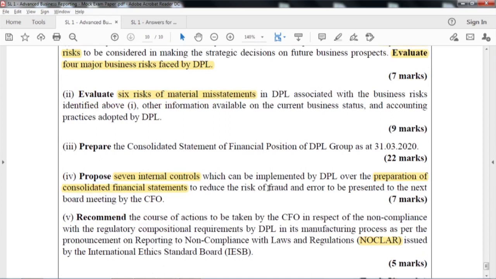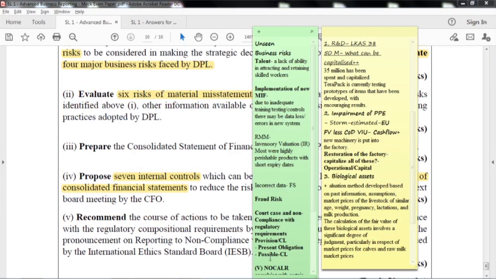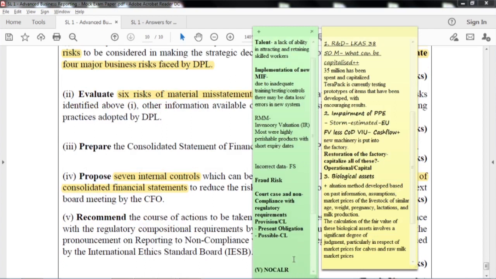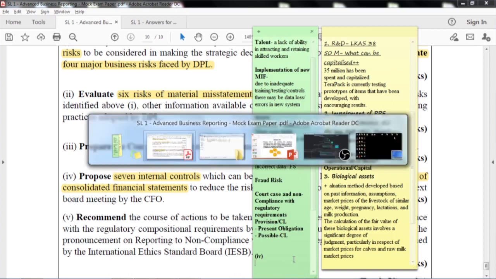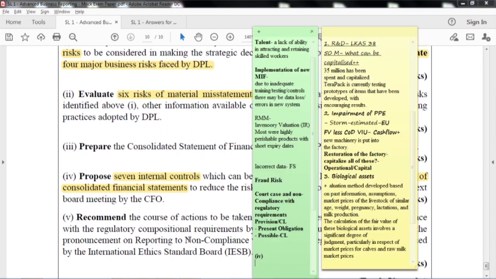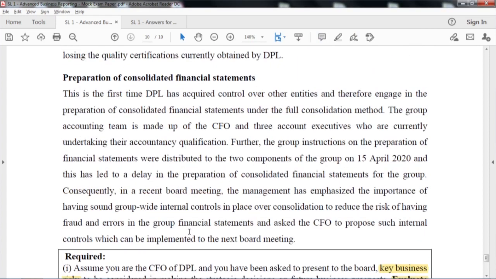Now, for part 4 of the question we also have information, and we can write it here. Part 4 of the question is about preparation of consolidation, the control required, right. This is the first time the company has acquired control over other entities, and therefore engages in preparation of consolidated financial statements using the full consolidation method.